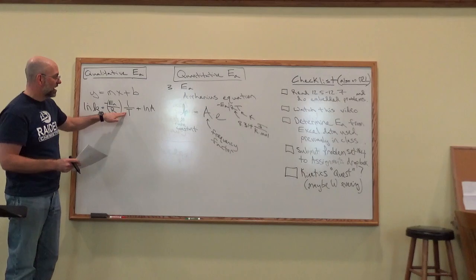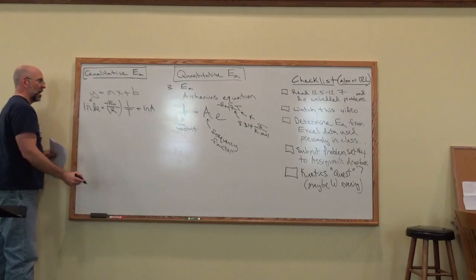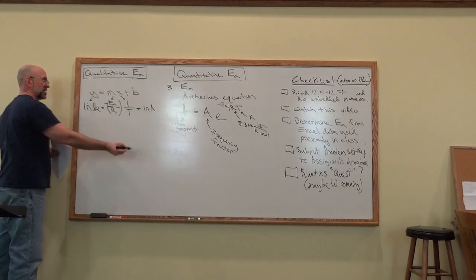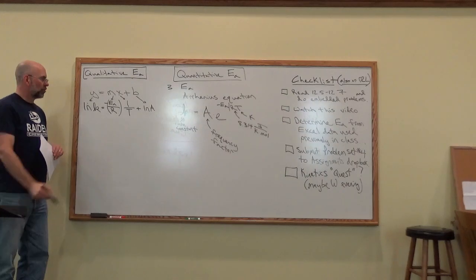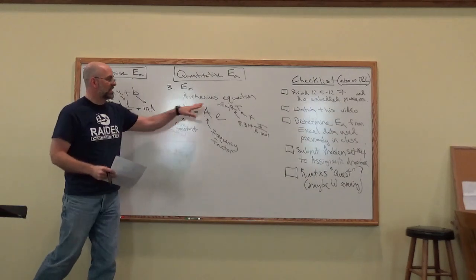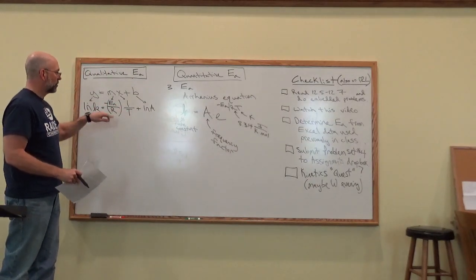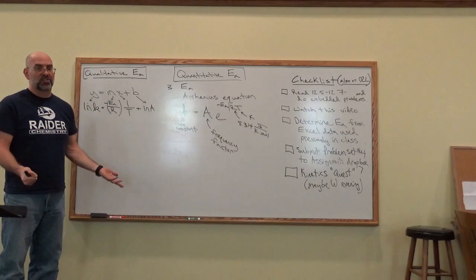So check it out. That's your y, that's your m, that's your x, and that's your b. So we've used the natural log to take this formula and convert it into something we can make a graph from.